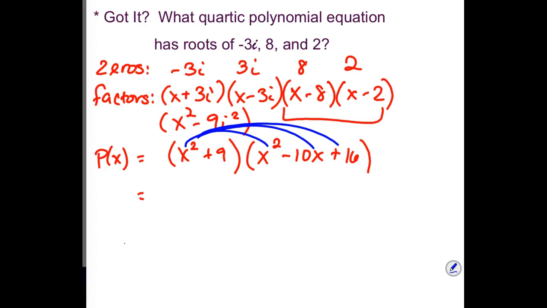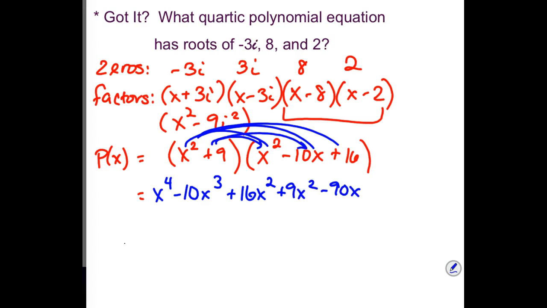Okay? X squared times x squared is x to the 4th. X squared times negative 10x would be negative 10x cubed. X squared times 16 is 16x squared. Then I'm going to go through and distribute the 9. So 9 times x squared, 9 times negative 10x, and 9 times 16.